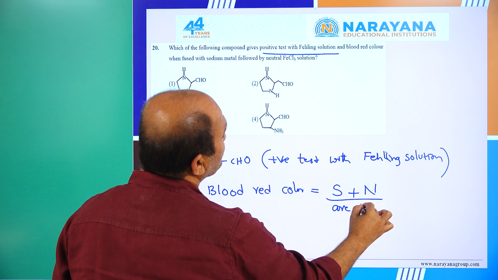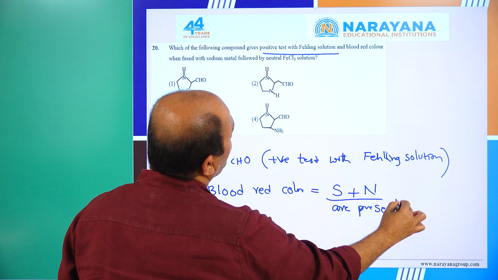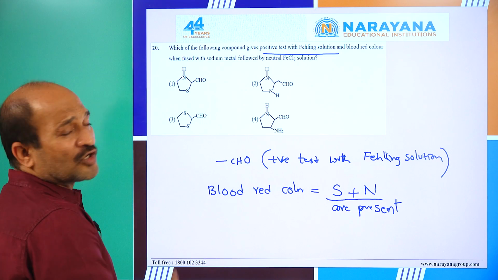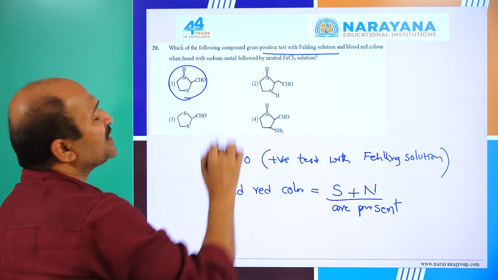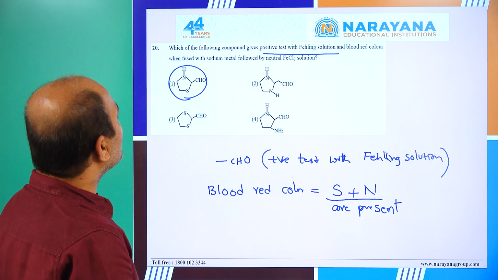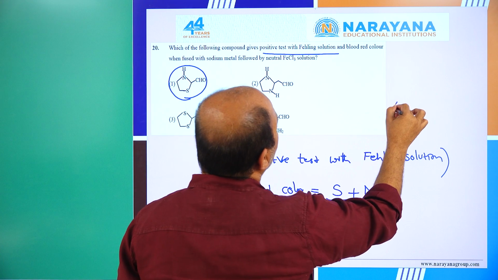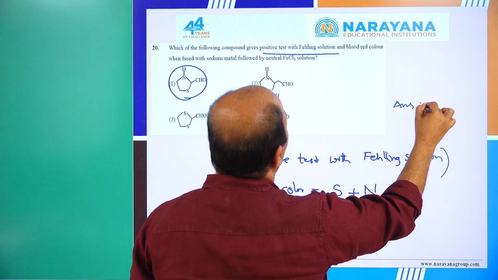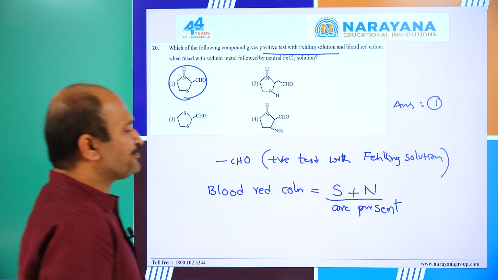So now check the compound which contains aldehyde, sulfur and nitrogen. In the first compound, nitrogen is there, sulfur is there and the aldehyde group is there. In the remaining compounds, there is no such combination. So the answer for this question is 1. And go for the next question.